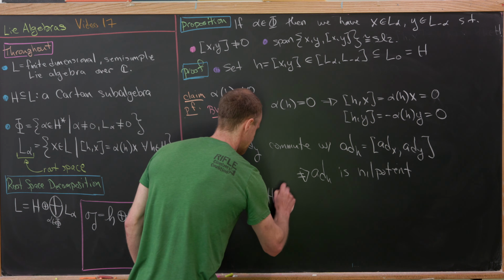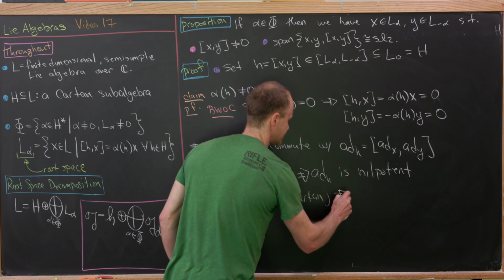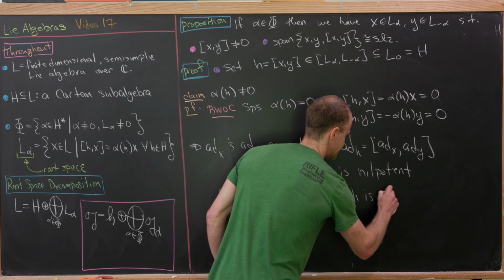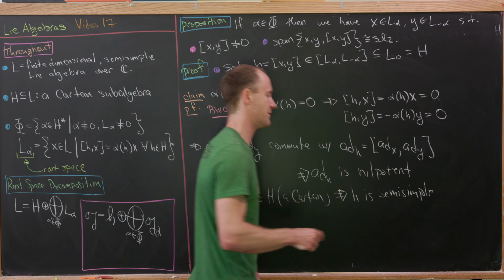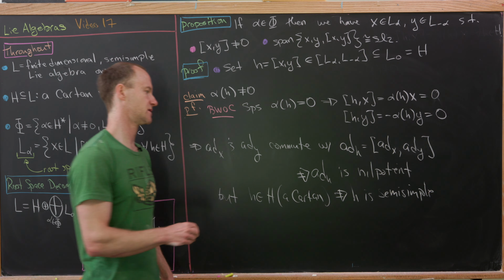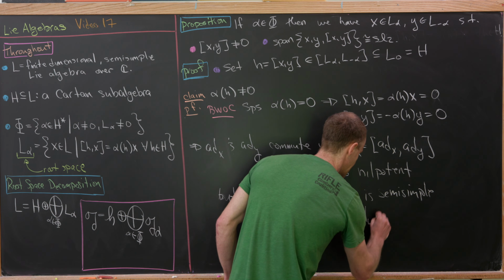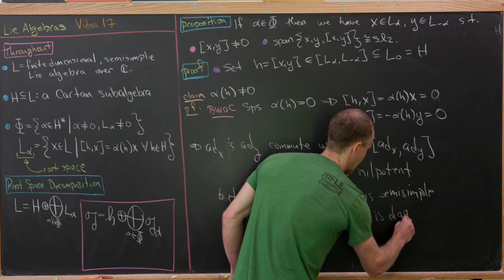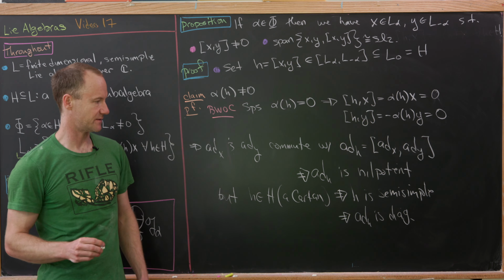So h is inside of h, a Cartan subalgebra, which tells us that h is semi-simple. Remember that Cartan subalgebras are made up of only semi-simple elements. But semi-simple means that ad h is diagonalizable. That's the definition of an element being semi-simple.